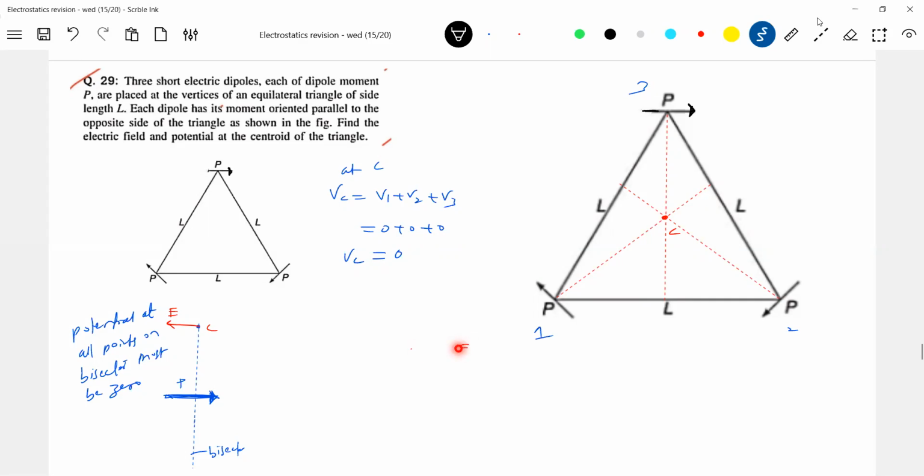Now we'll see this. Now E bar will be there. Okay, let's make a guess of the diagram. So at C it will be E3 bar like this, E1 bar, E2 bar.